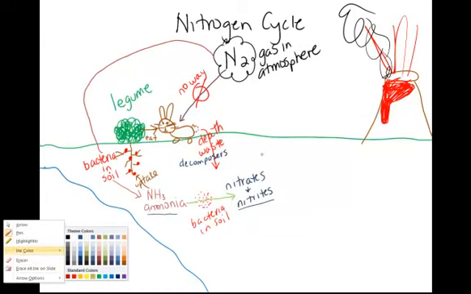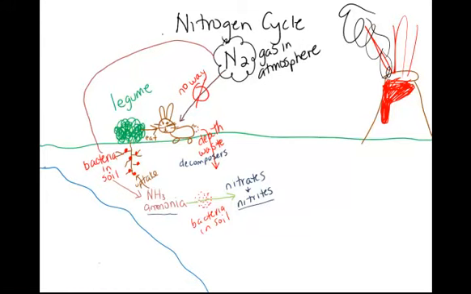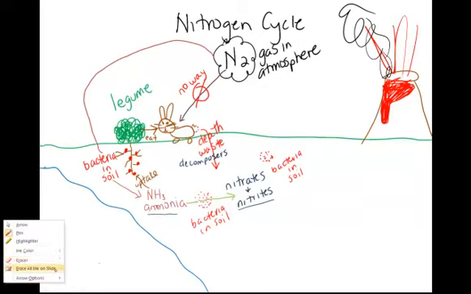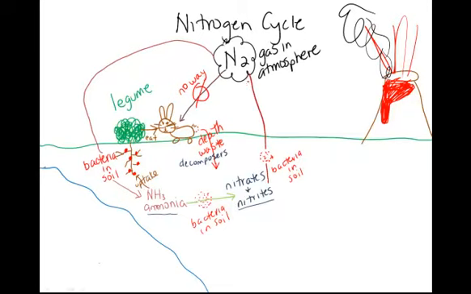Remember, we had nitrogen gas being put into the soil, and we need a way for that to go back into our atmosphere. So there are also bacteria that live in the soil, and these are different than the nitrogen fixers that are putting the nitrogen into the soil. These bacteria send the nitrates and nitrites back to nitrogen gas.